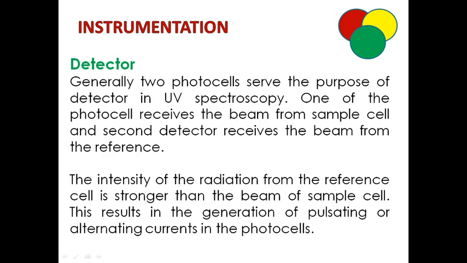The transmitted beam can be detected by a device called a detector. In the detector there is an arrangement of photocells. These photocells can detect the signals from the sample cell as well as the reference cell.